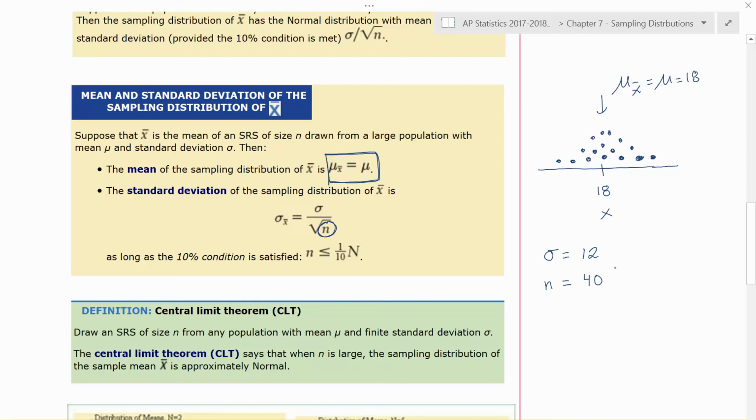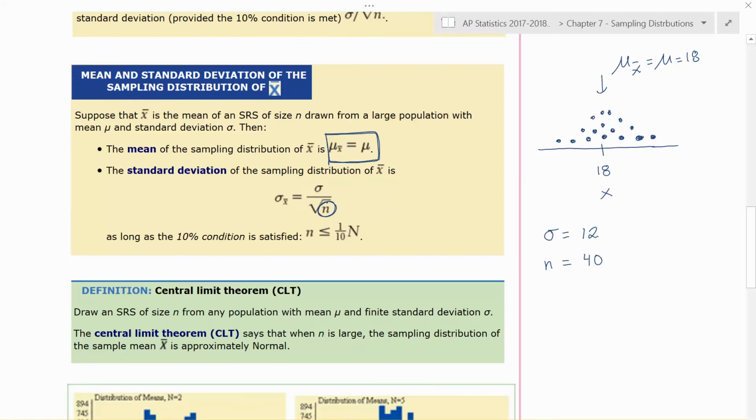We looked at 40 pennies. This would actually have to come from the population. We would have to know this to assume that it's true, right? Maybe somebody knows that the true mean age of a penny is 18 years and the standard deviation for the ages of pennies is 12 years.